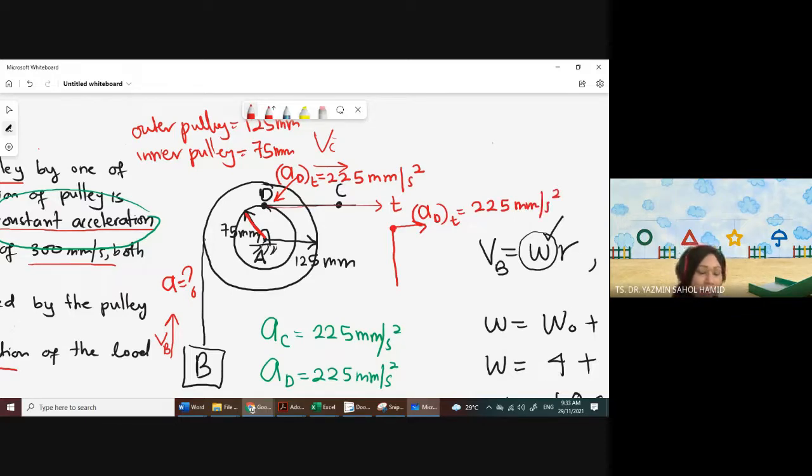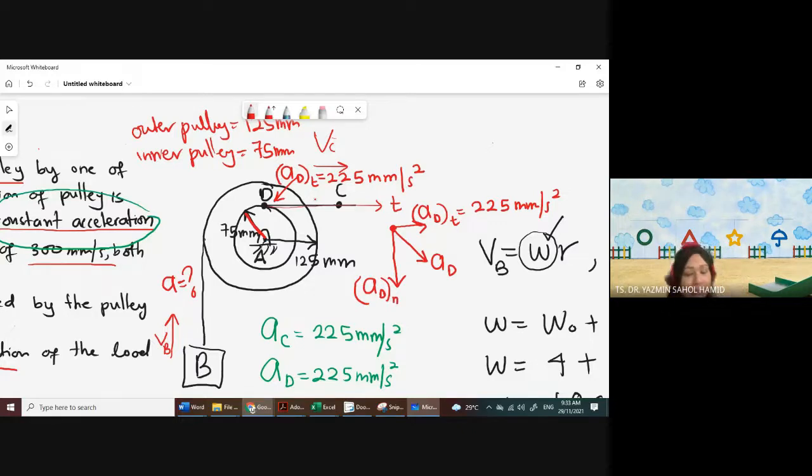Dia nak acceleration at D. So, maksudnya kita kena cari acceleration AN. Lepas tu baru kita boleh cari AD.